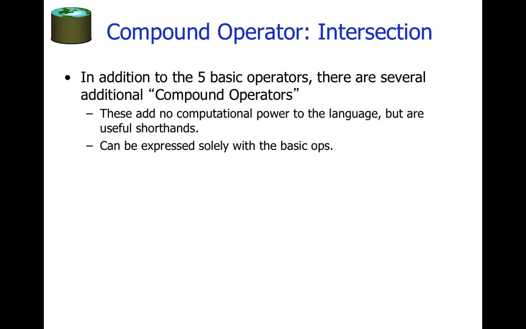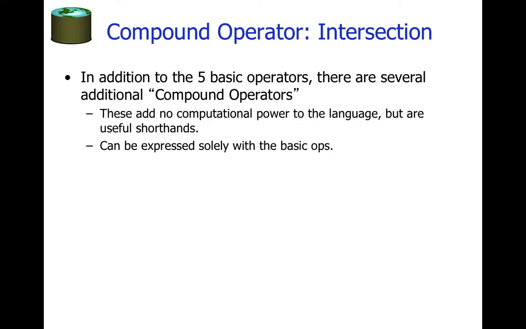We have compound operators. That is an operator that includes more than one operator inside it, for example, the intersection. So these are operations done on operations, multiple operations. They don't add computation power to the language but are used as shortcuts, for simplicity.